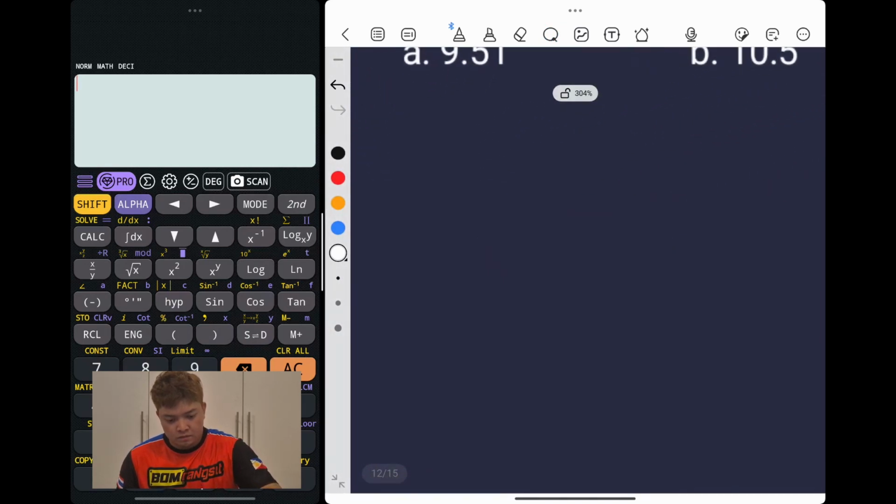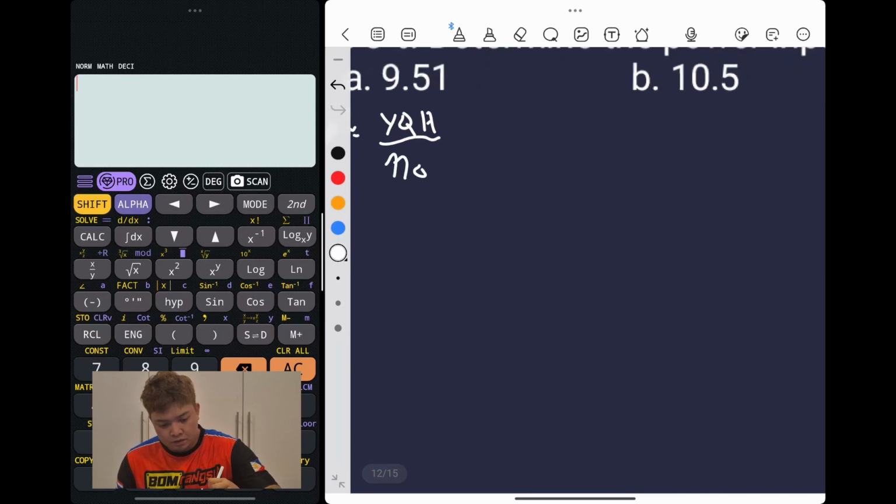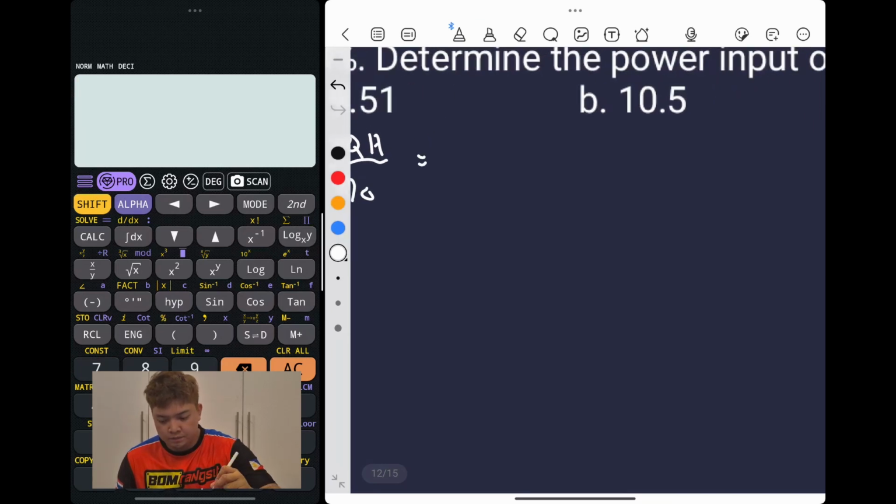Okay, ano ba? Input power is equals to gamma Q H over efficiency.